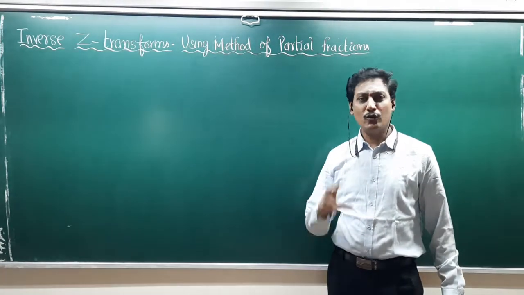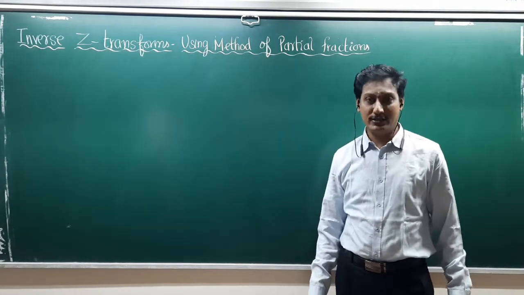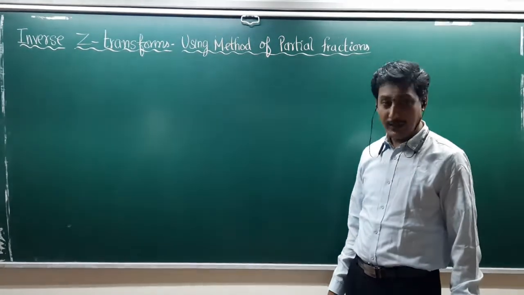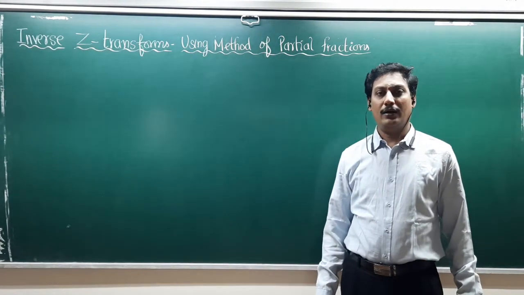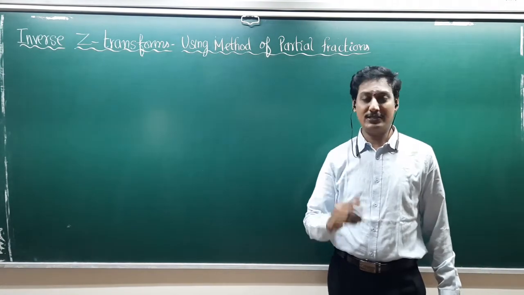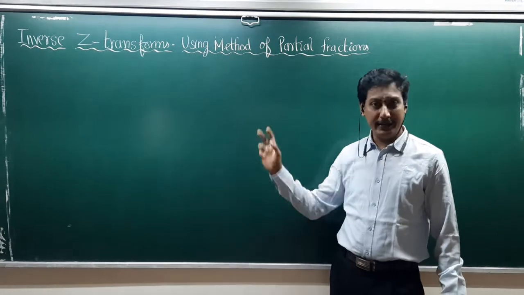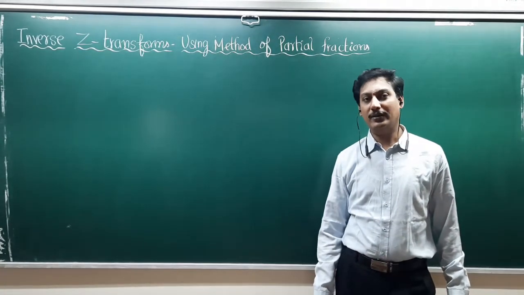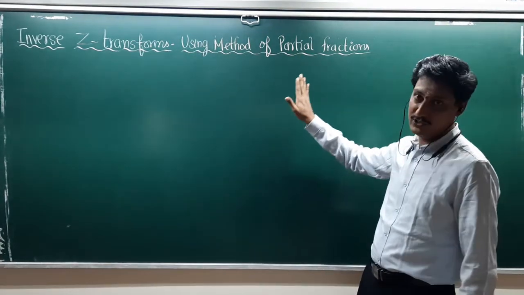We have seen so many methods to determine the inverse Z transforms, namely convolution theorem, residual method, long division method, also called power series method. So this is one more technique to find the inverse Z transforms by using the method of partial fractions.